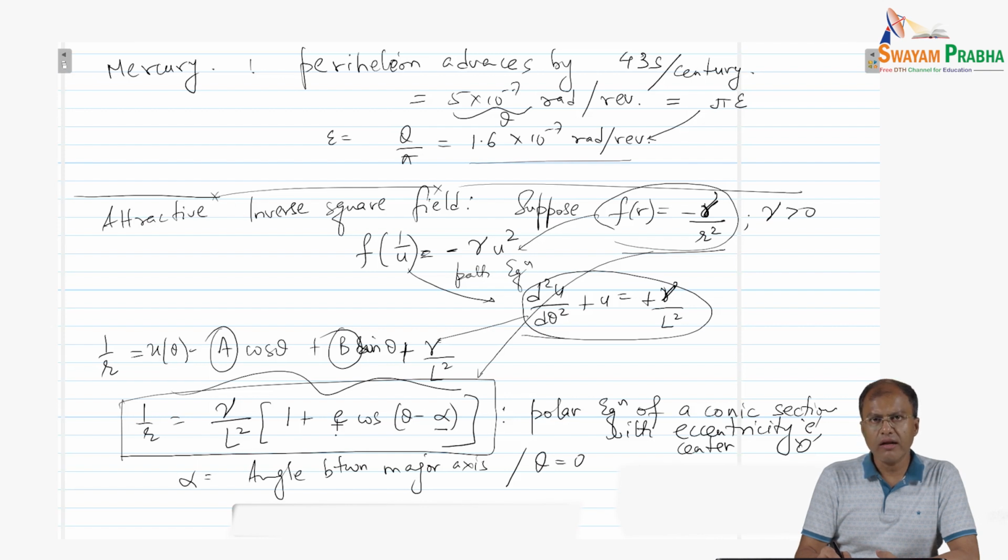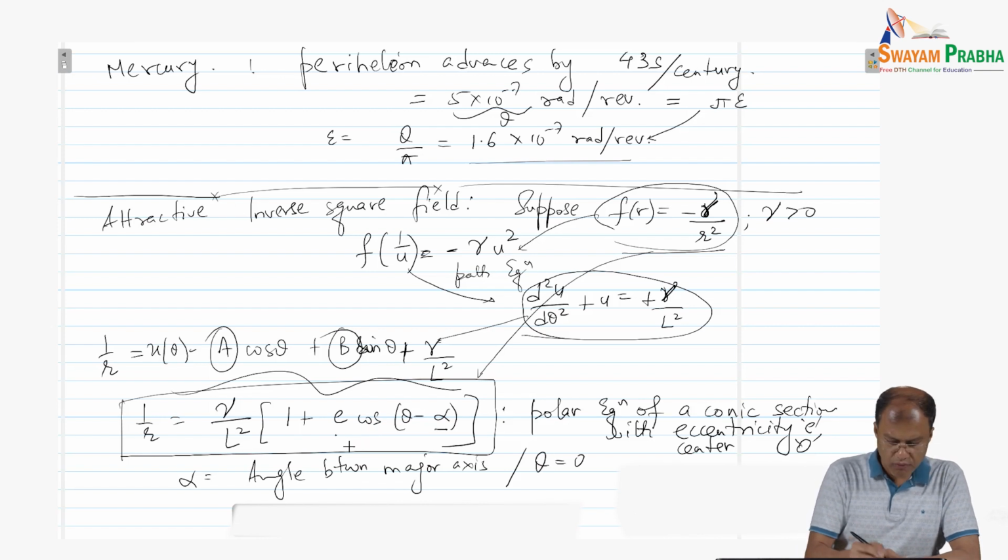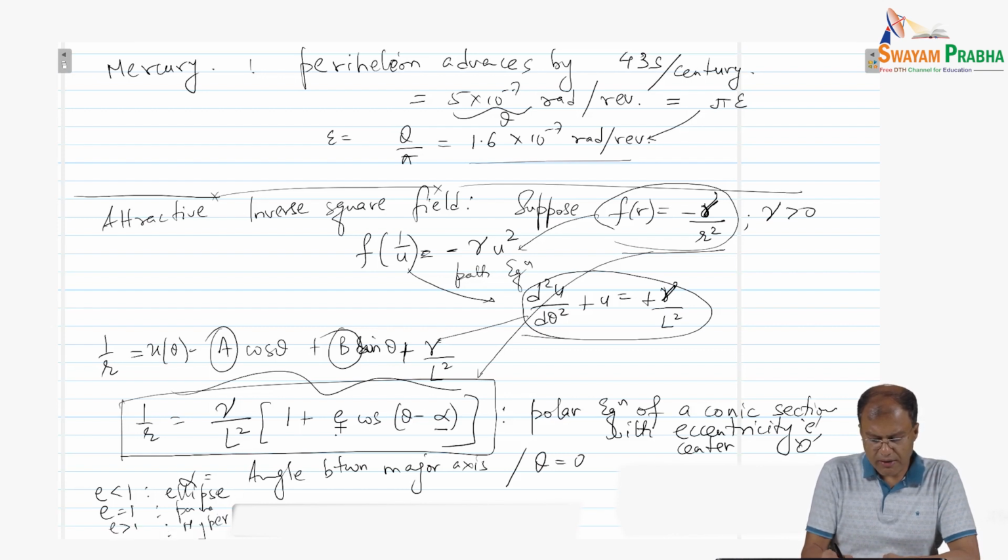For e less than 1, this is the familiar conic of an ellipse, right? So e less than 1 is an ellipse, e equal to 1 is the parabola, and e greater than 1 is the hyperbola.